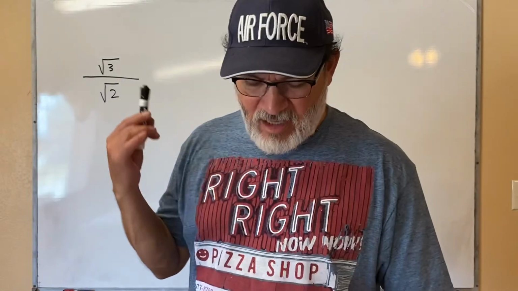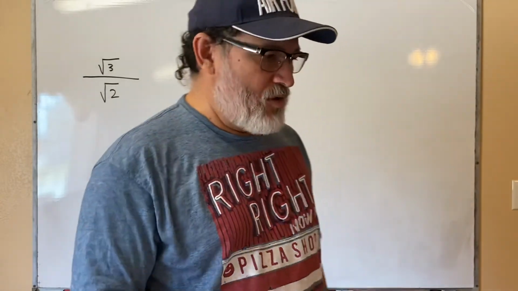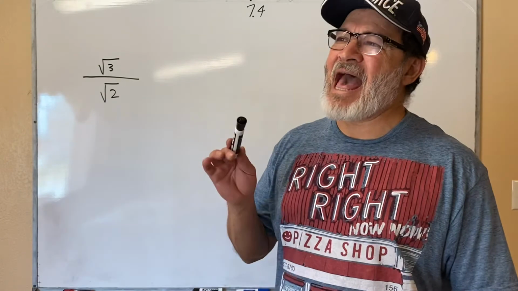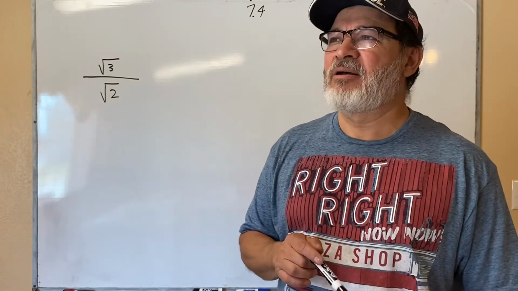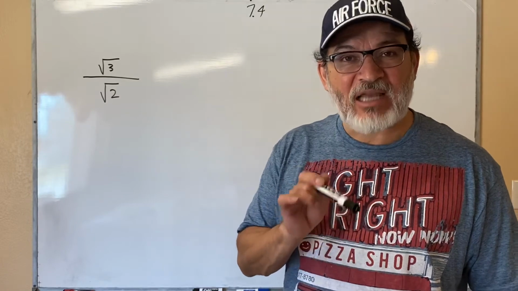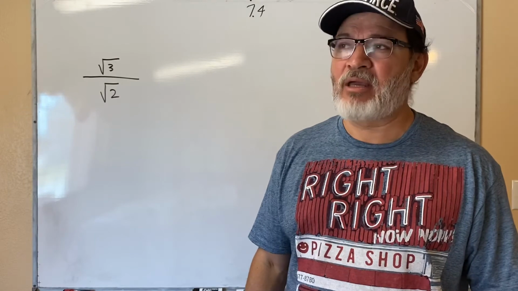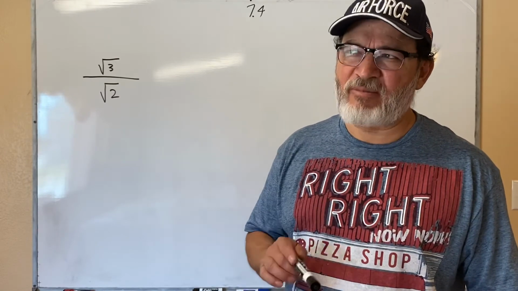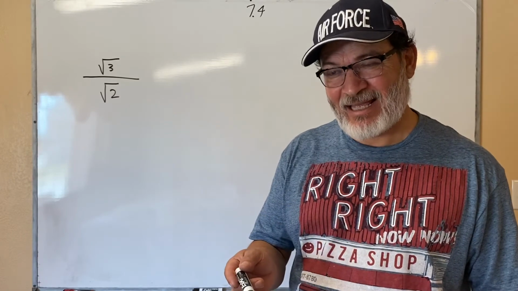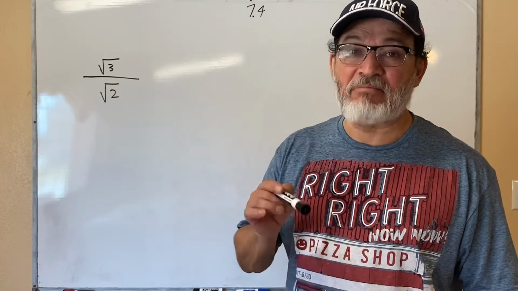Guys, when we divide radicals, we just have to make sure that we do not end up with a radical in the denominator. No radicals in the denominator, okay? We also have to make sure that there are no fractions in the radicand. We also have to make sure that every time we can simplify, we must.